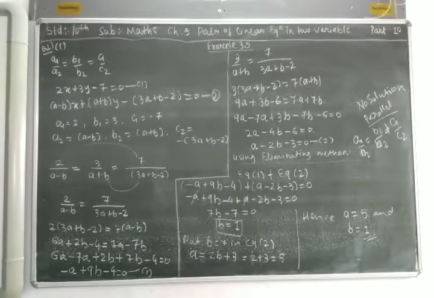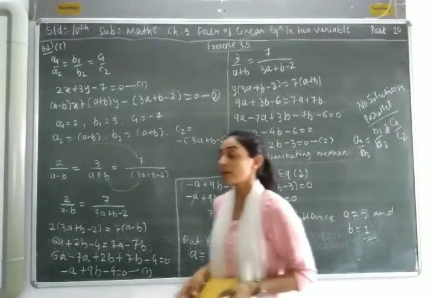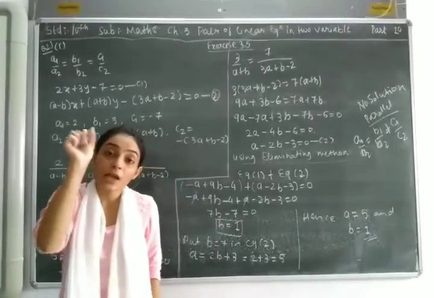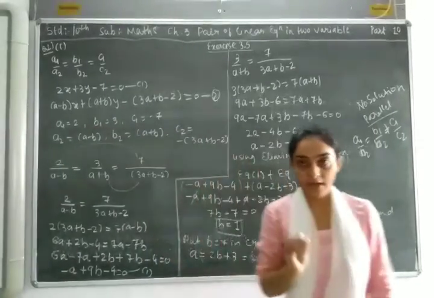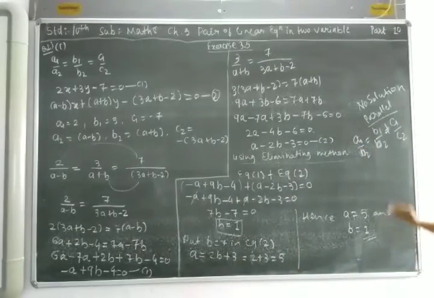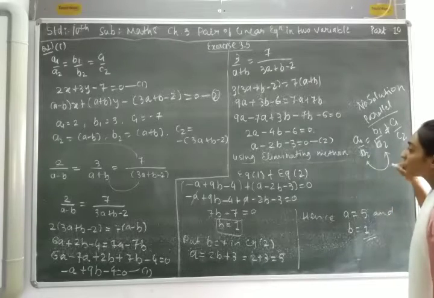So what we are going to do is compare here. For which value of k does the following pair of linear equations have no solution? The question says for which value of k. It means we are comparing these two ratios only.